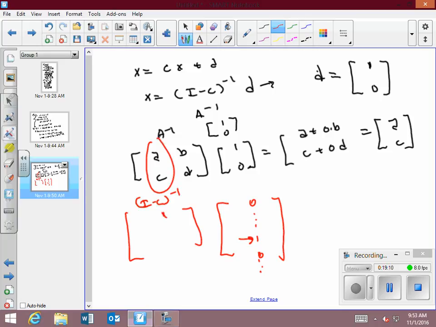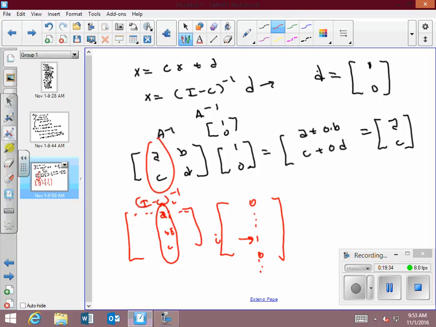If this was the ith row, it would pick the ith column out of here, whatever that was, AI, BI, CI. And these would not be in it, so it only picks this column.